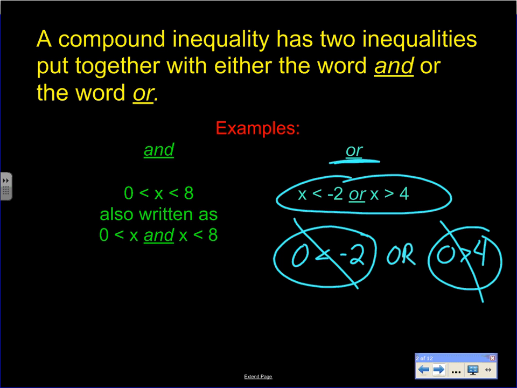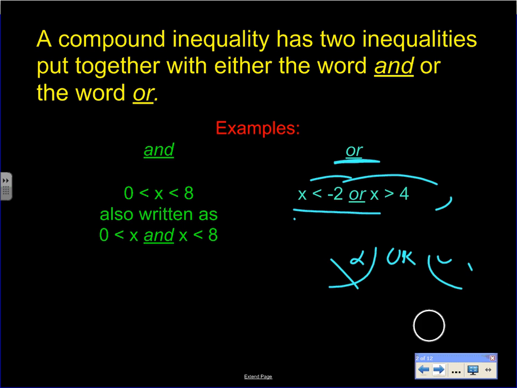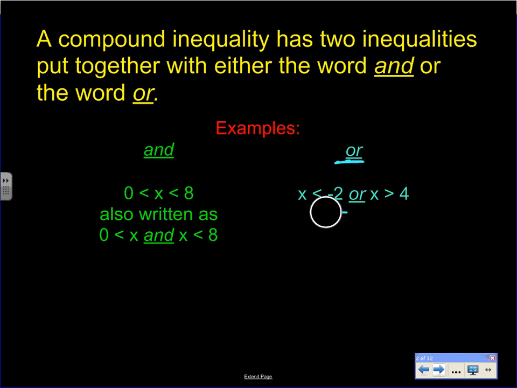So when we look here, which numbers are going to be solutions to this compound inequality and which ones won't? Well, the numbers that won't be solutions are between -2 and 4. Any other numbers will be a solution. Any numbers that are less than -2 will be a solution, or any numbers that are greater than 4 will be a solution.